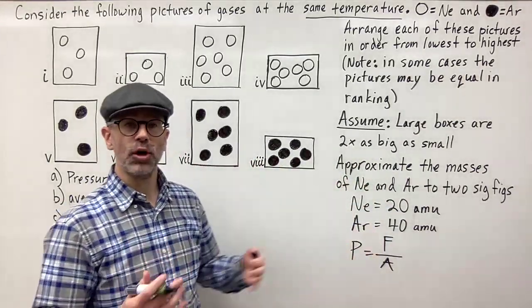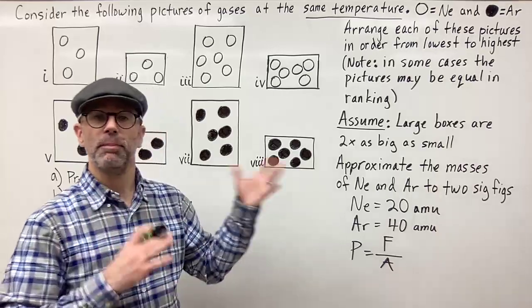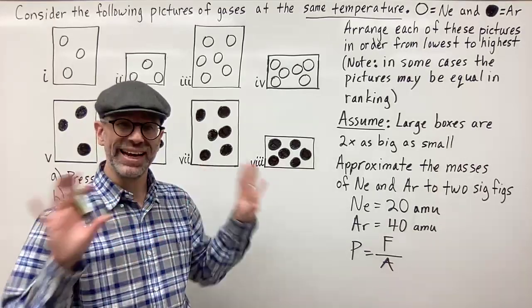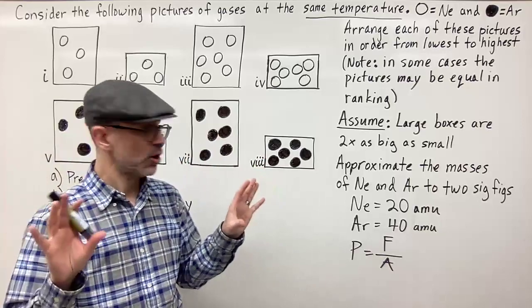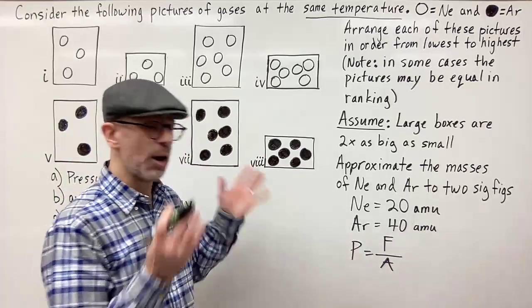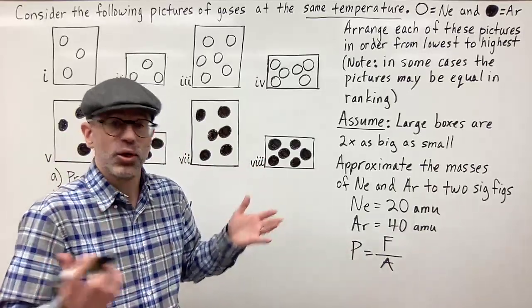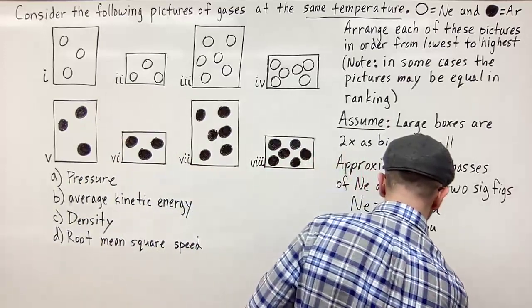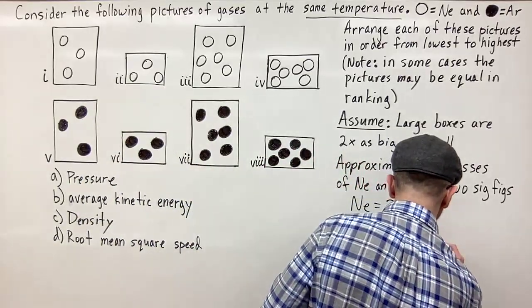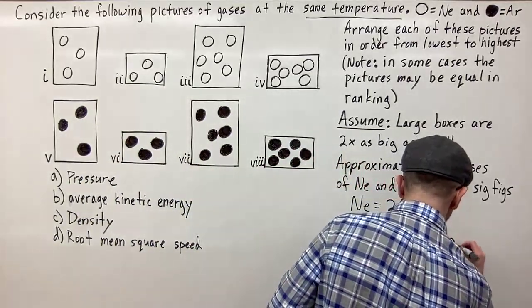What's causing the force in the box? The collisions of the particles against the sides of the box, right? So that's going to be the force. So how many particles you have is going to be a greater amount of force. So that's going to be related to number of particles.